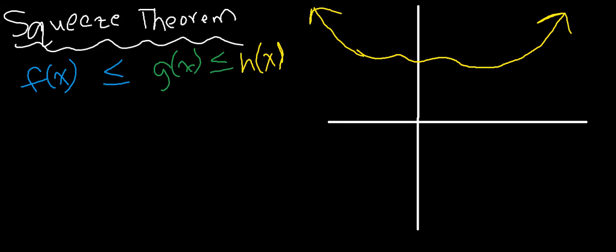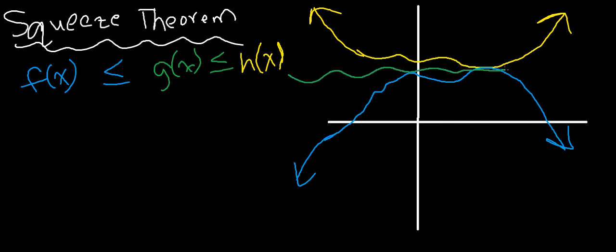And then f of x is maybe down here, going down like that, coming up, doing some little squiggle things, and then popping down like that. And then g of x is in between those two, trucking along like that, coming through there, and continuing on.